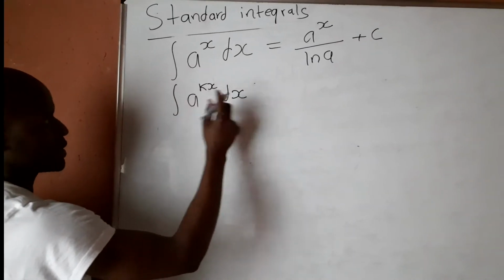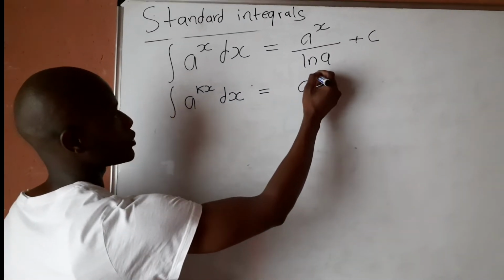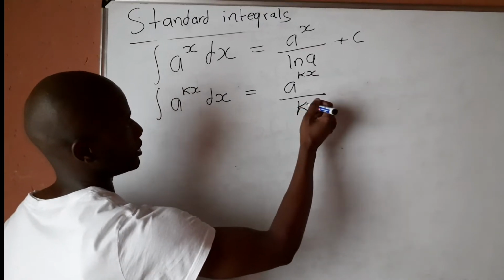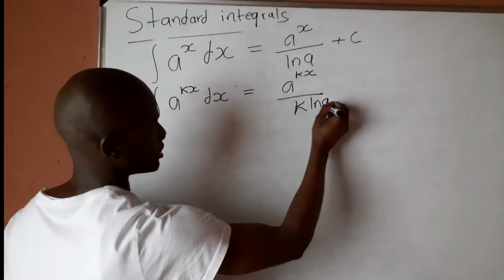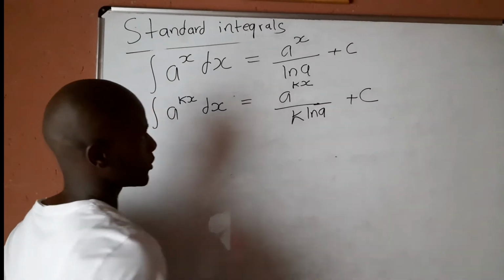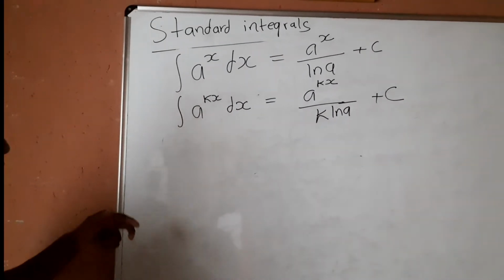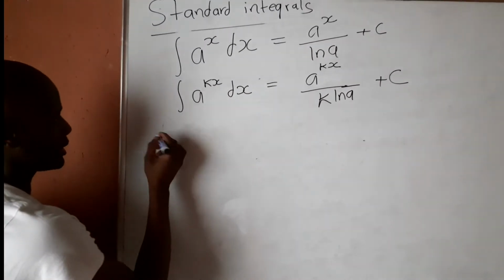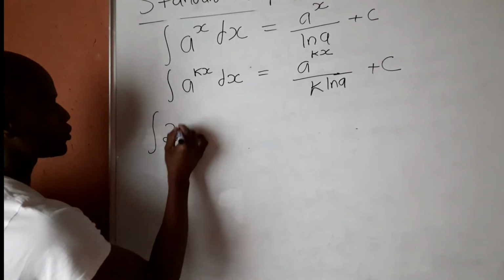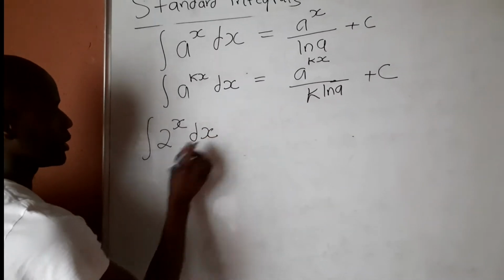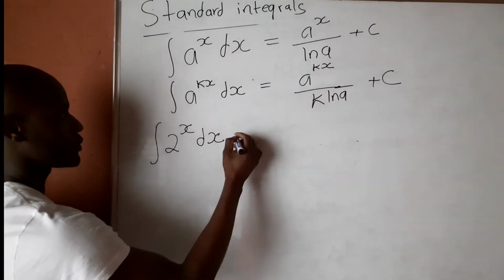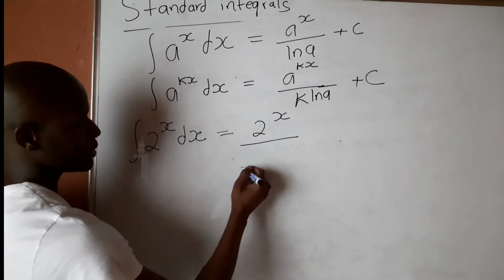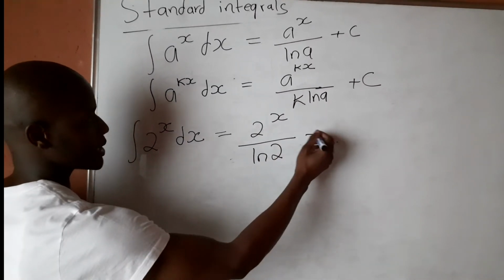Remember, k is a constant, and it's going to be a to the power kx over k ln a plus c. So let's do some examples using these formulas. They can say integrate 2 to the power x dx. 2 to the power x dx is going to be 2 to the power x divided by ln 2 plus c.